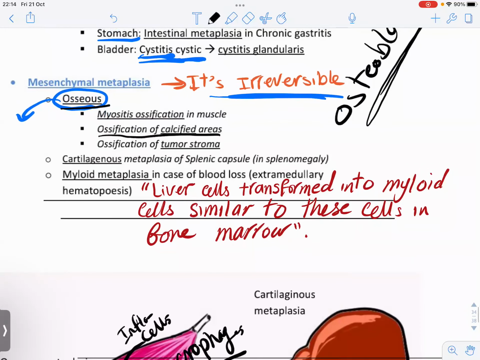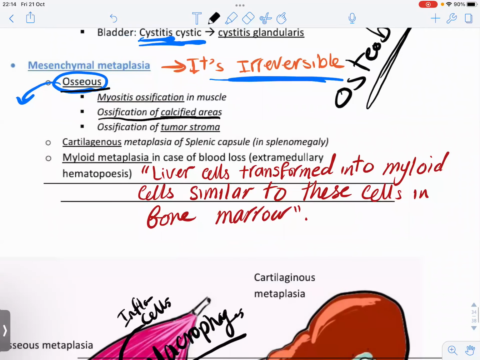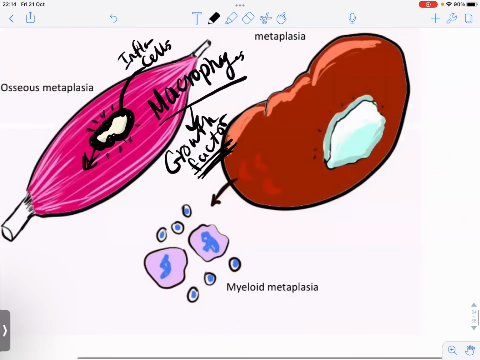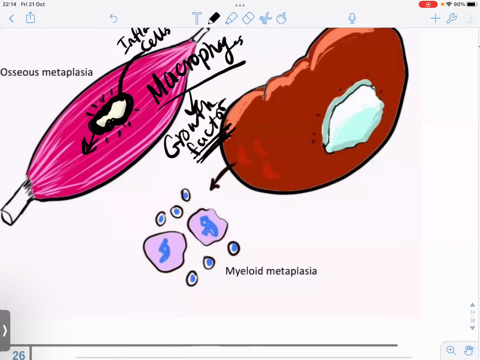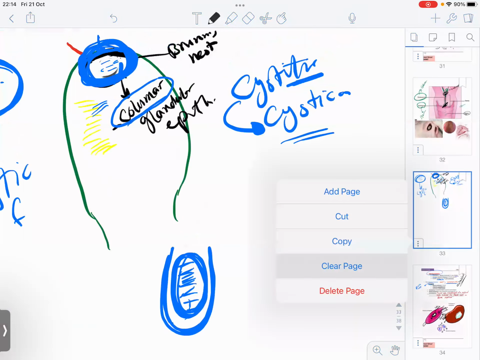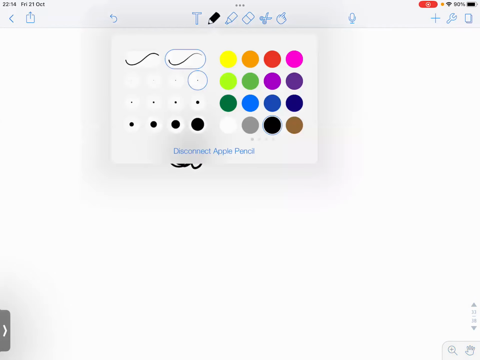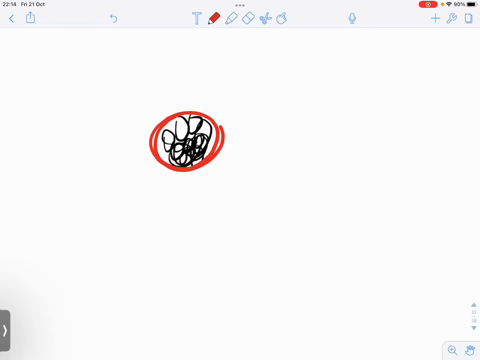And the last example of osseous metaplasia, ossification of tumor stroma. Oh my God, can a tumor transform into bone? Yeah, because the crazy cells in a tumor, these tumor cells, they always surround themselves with stroma.